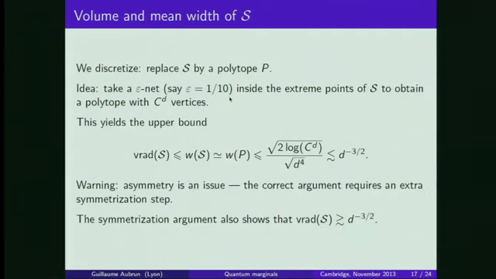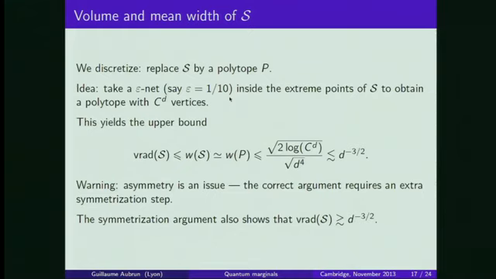So now the idea is simple. You simply replace S by a polytope. So how do you do this? Here you have this blue set, which is the set of all pure states in product directions. So you will simply take a finite subset which is dense enough, namely what we call an epsilon net.